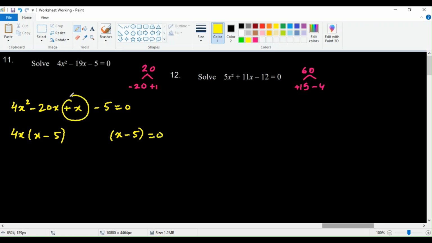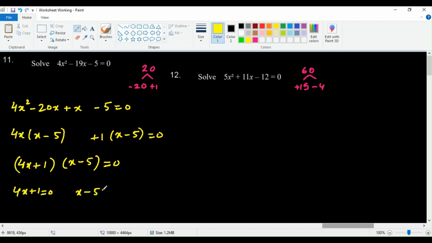And look at this one. I already have x with me, so if I multiply this by 1, I get plus x. That means 4x plus 1 is going to be in the first bracket, and x minus 5 is going to be in another bracket. So the first value of x is going to be 4x plus 1 equals 0, and x minus 5 also equals 0.